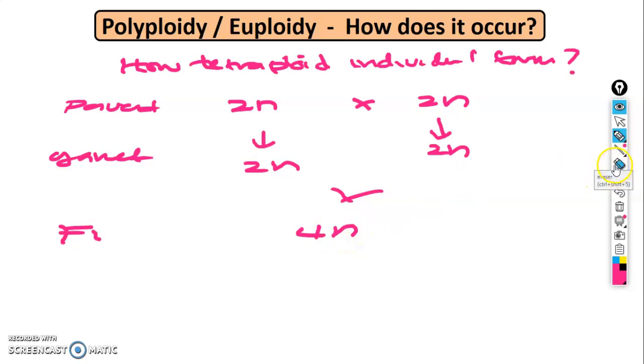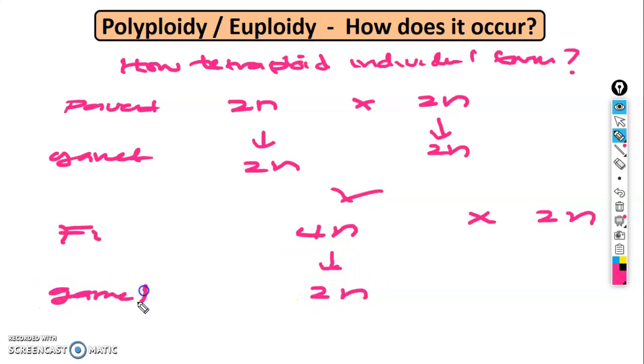Okay, this is how a tetraploid forms. Triploid individuals can be formed when these 4N individuals fertilize with 2N individuals. These 4N individuals form gametes as usual, meaning they have 2N gametes, and the 2N individual produces N gametes, and after fertilization they will produce a 3N individual, which is triploid.